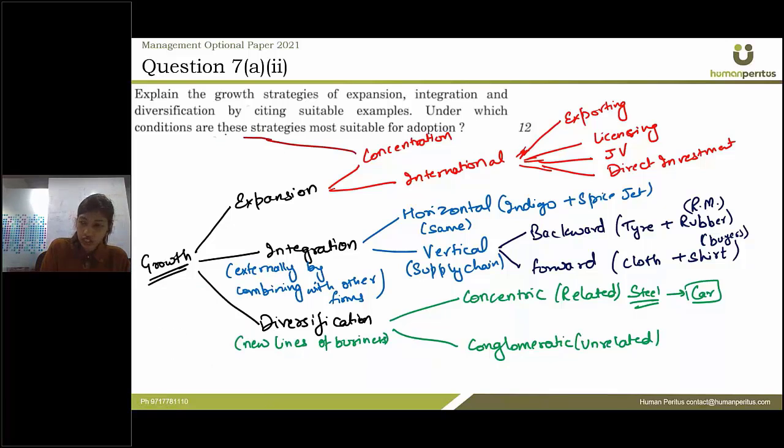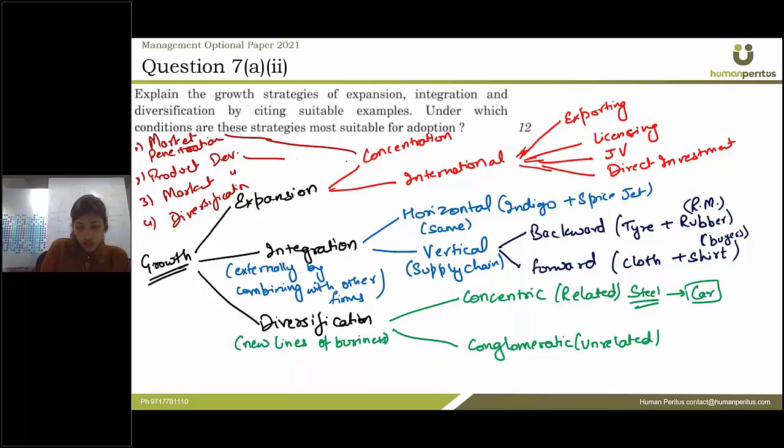It can be market penetration first, second, product development, third, market development, and fourth, diversification. So the concentration strategy of expansion can be divided into four parts: market penetration, product development, market development, and diversification, which is also known as the Ansoff matrix, the matrix given by Ansoff.